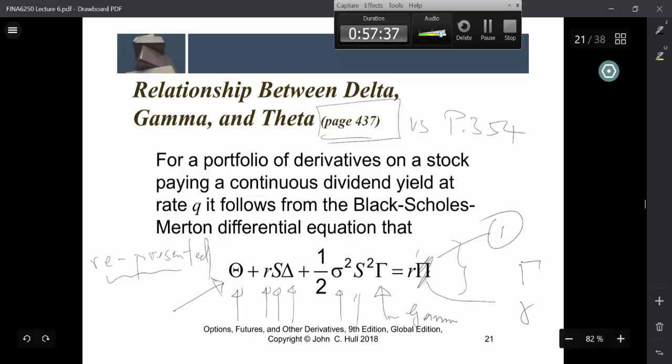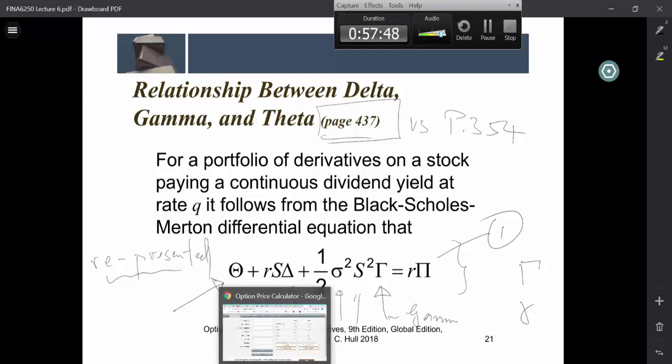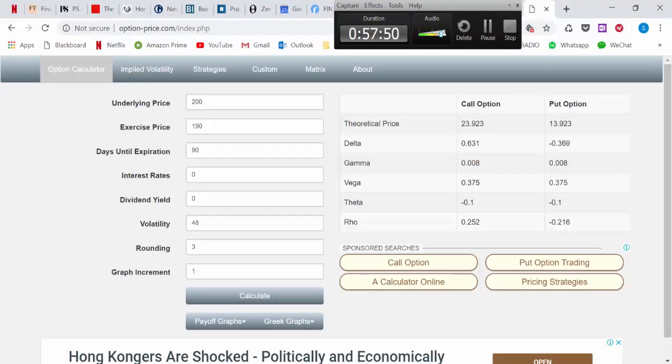I just don't like their notation. This pi here is going to confuse people. And this formula itself, you can go to Hull, page 354. You get the same formula.